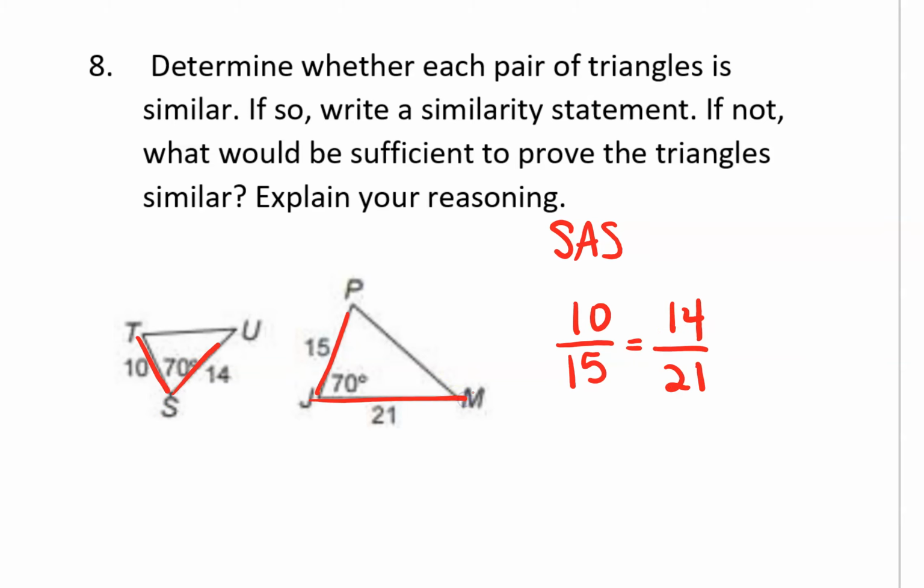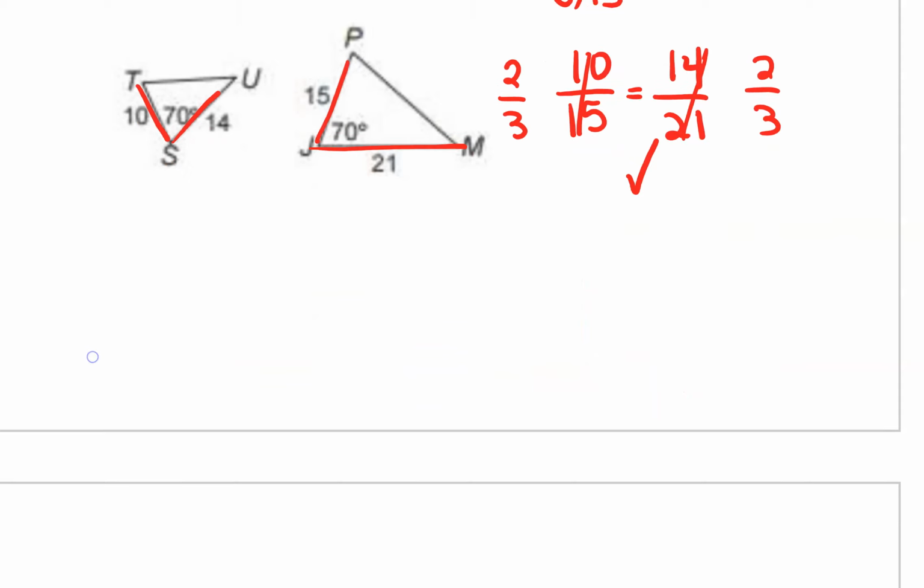I can reduce 5 out of here, so that would be 2/3. I could reduce 7 out of here, so that would be 2/3. And 2/3 equals 2/3. So yes, they're similar by side angle side.